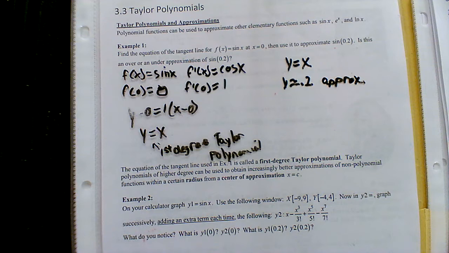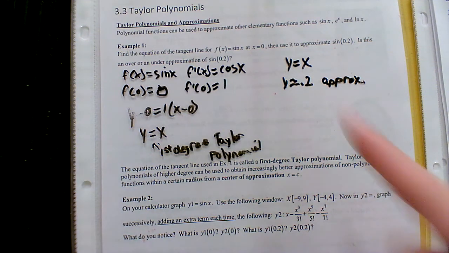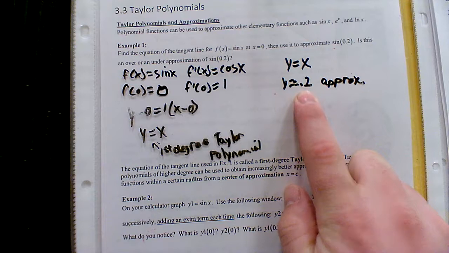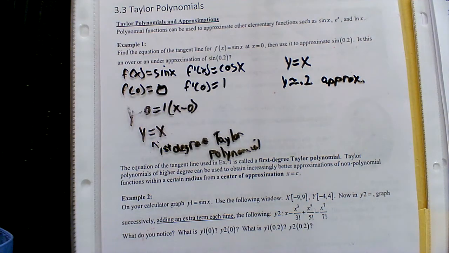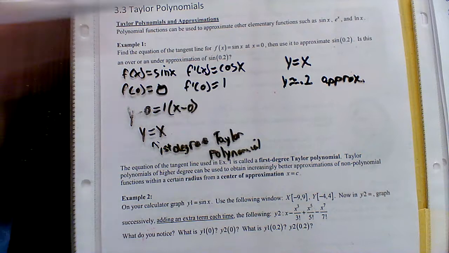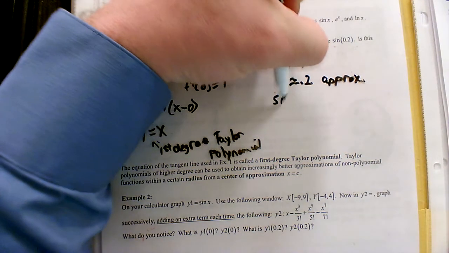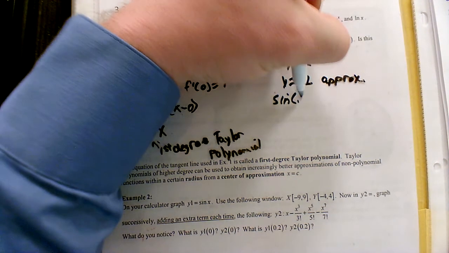Since we have calculators and more technology than they would have back in the day, how would we have actually found what the value is at 0.2? We can evaluate sine of 0.2. So go ahead and grab a calculator if you don't have it already.